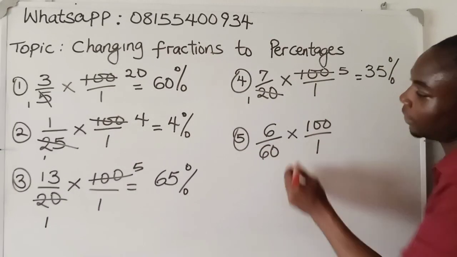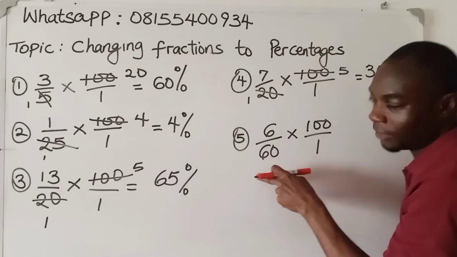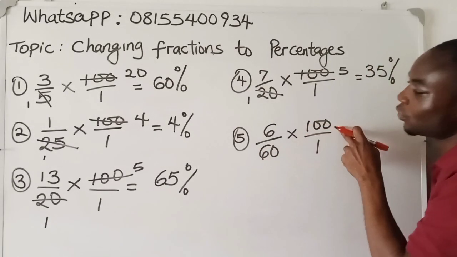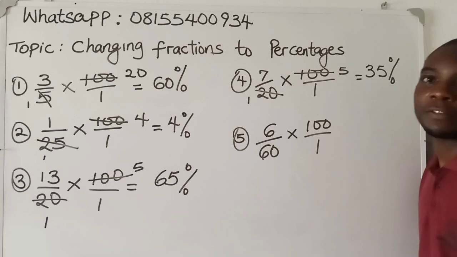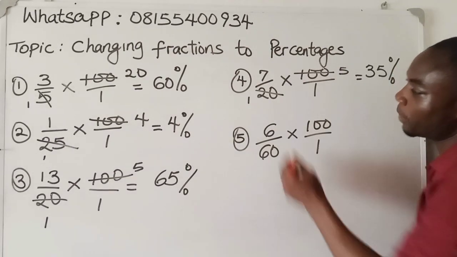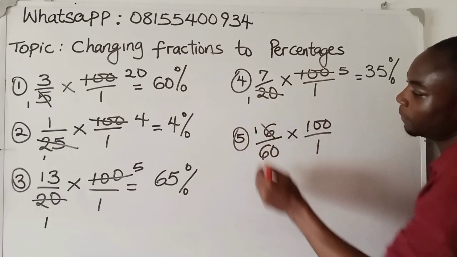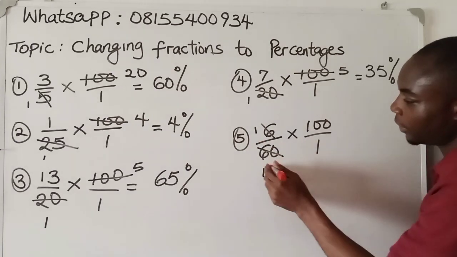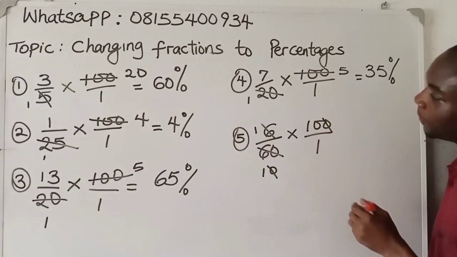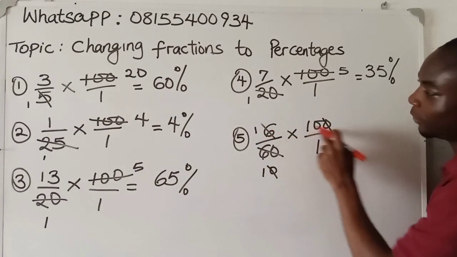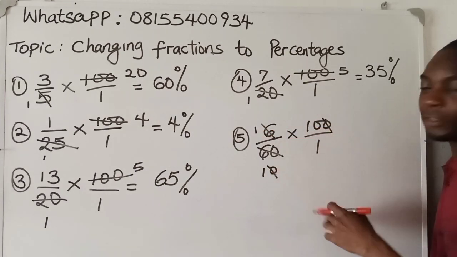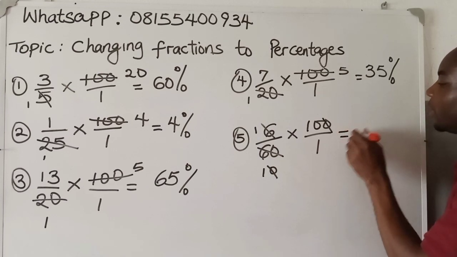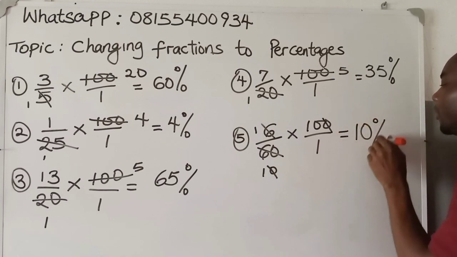Or we can also say 20 into 60 3 times, 20 into 100 5 times, whichever way works for you. So we can say 6 into 6 once, 6 into 60, it goes 10 times. Then this 0 cancels out this 0. So we are left with 1 times 10, which is 10, divided by 1 is still 10. So our final answer is 10%.